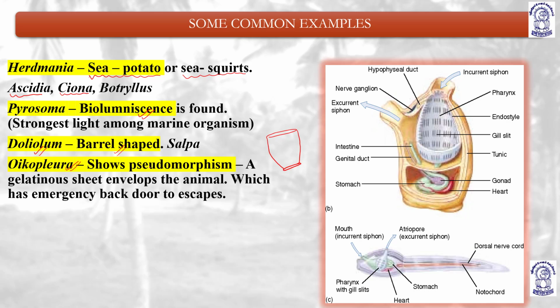Oikopleura shows pseudomorphism. Pseudomorphism means a false form of body in which, for a transition time, to protect itself, the body is covered by a blanket-like cover. Suppose this is the body, and it is covered by a blanket, which has two openings, two gates at the back.